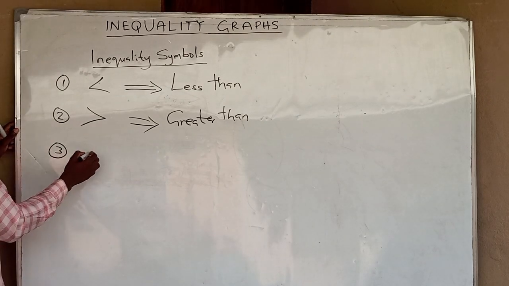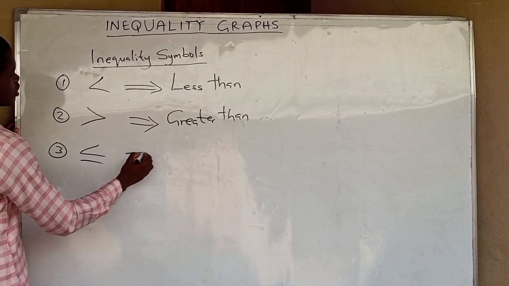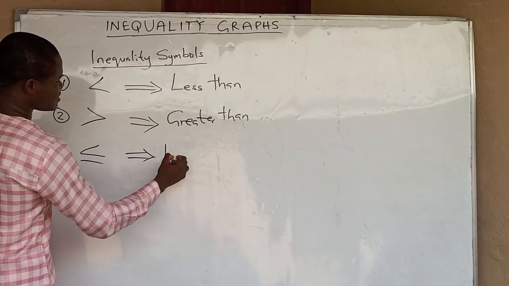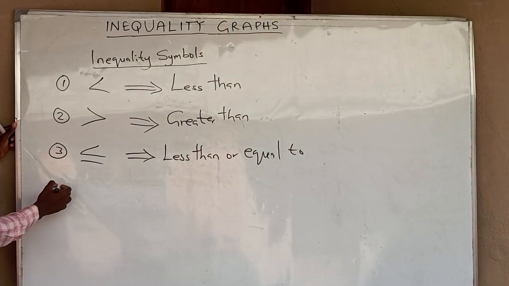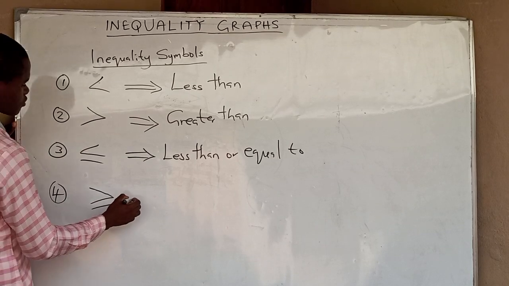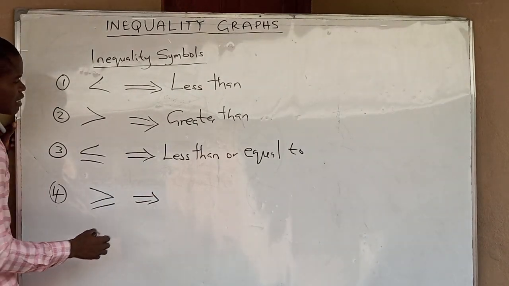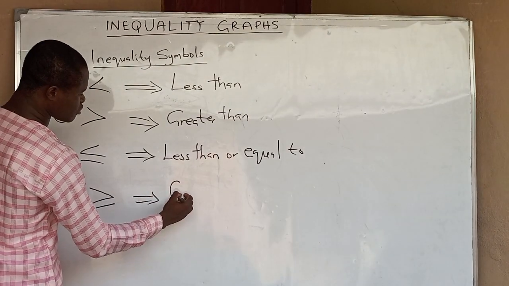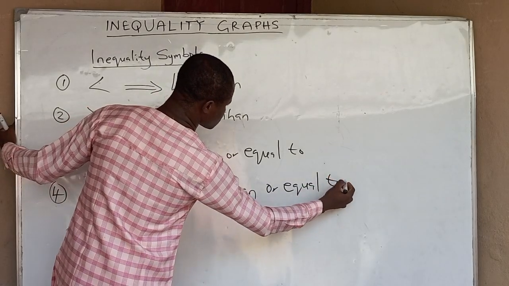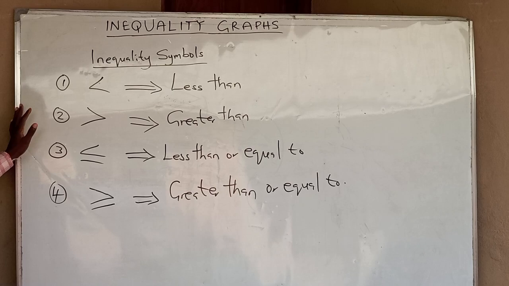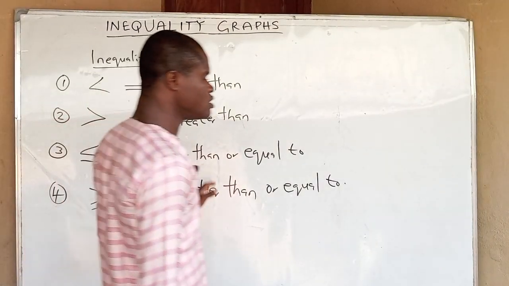Number three, we have this symbol. It is called less than or equal to. And then number four, it is called greater than or equal to. These are the four major symbols that we use in inequality.